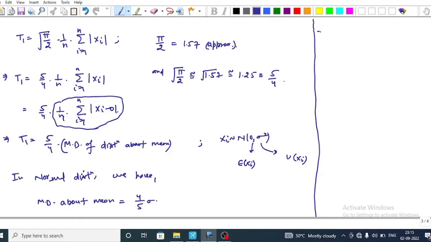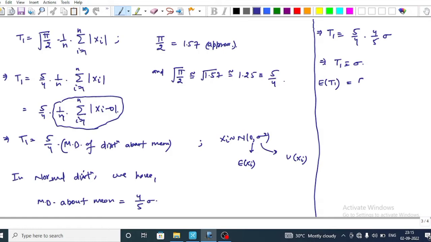Now this implies that T1 is equivalent to 5 upon 4 into 4 upon 5 sigma. This implies that T1 is equivalent to sigma.